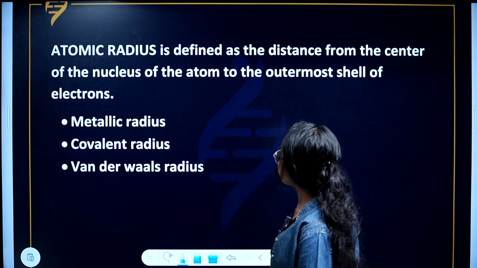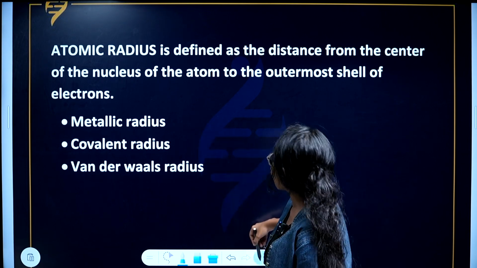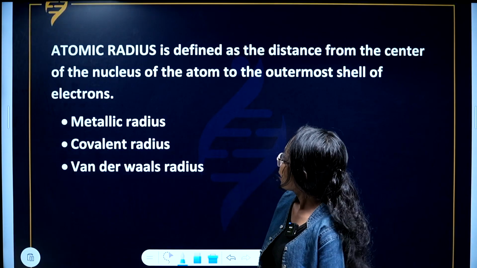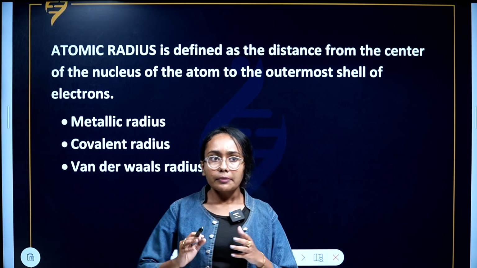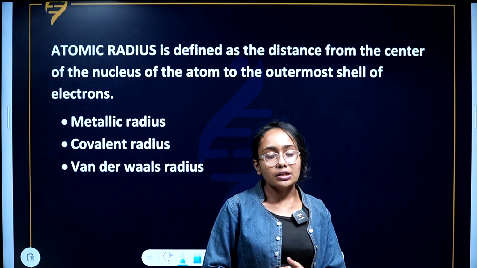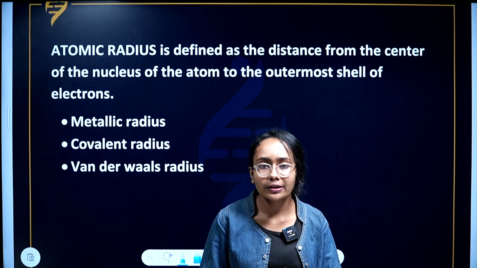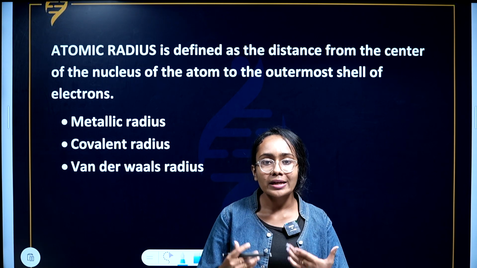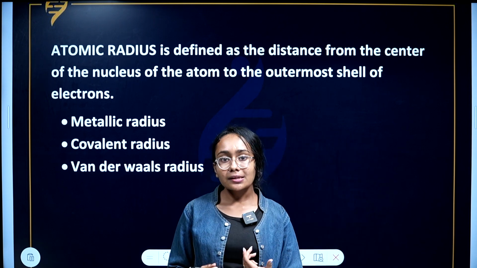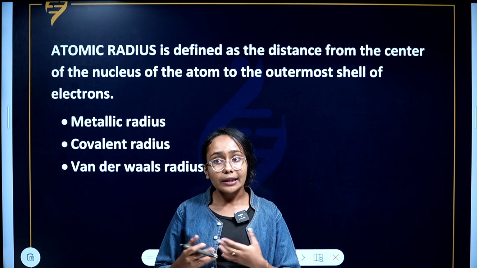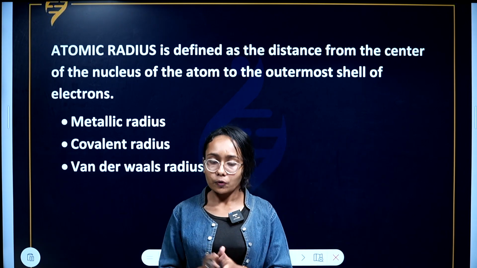Now coming to the periodic trends in our periodic table. The elements in the periodic table depend on certain factors. They show certain physical properties like atomic radius, ionic radius, ionization enthalpy, electron gain enthalpy and many more.